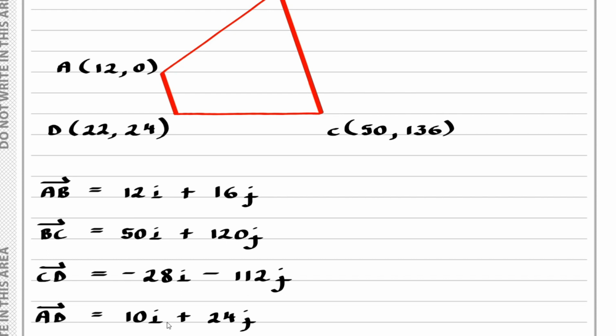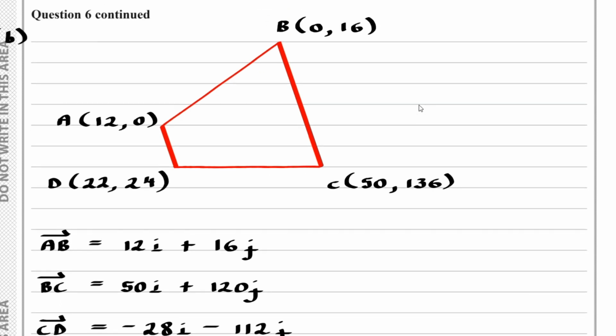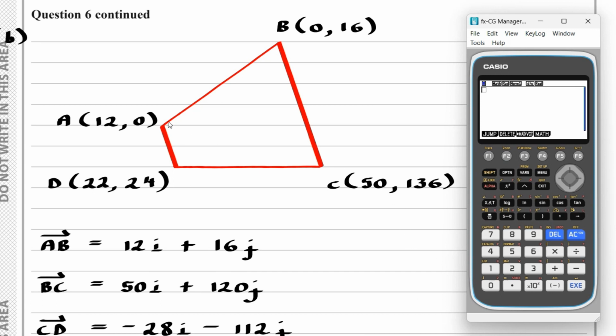Now that we know what all these vectors are, we can work out the lengths of each of these sides. So let's begin with AB. Working out the length of AB, we have 12 squared plus 16 squared square rooted, which is 20. Let's work out the length of BC. We have the square root of 50 squared plus 120 squared, which is 130.